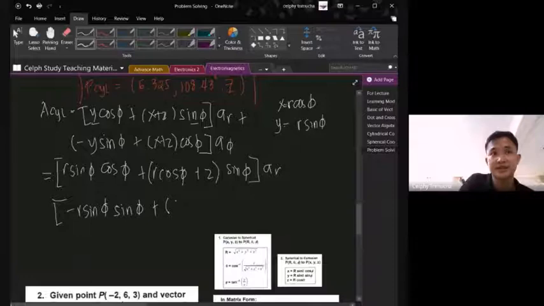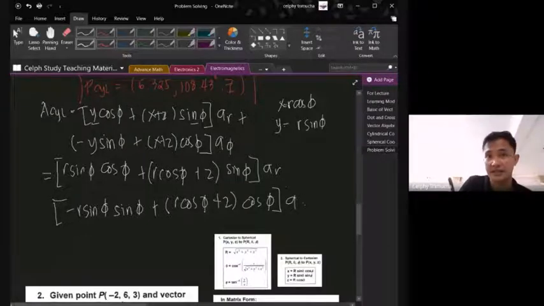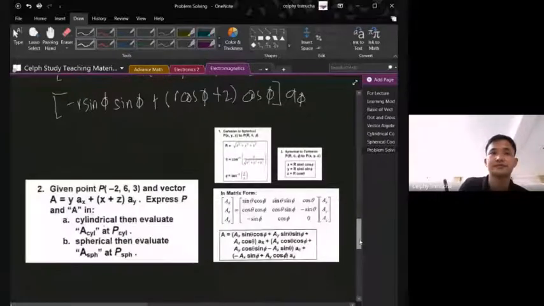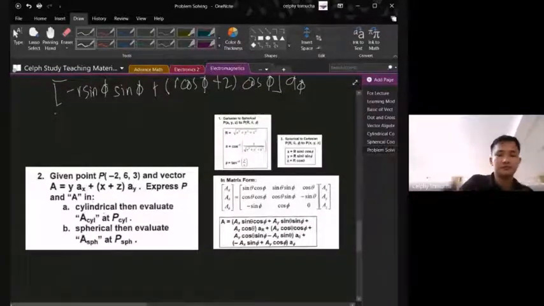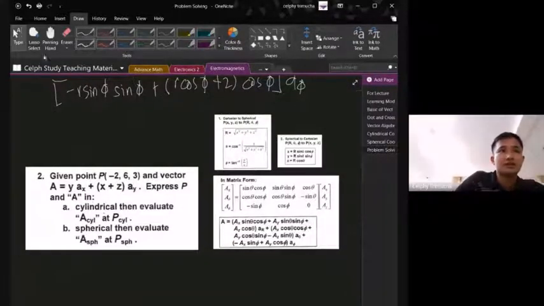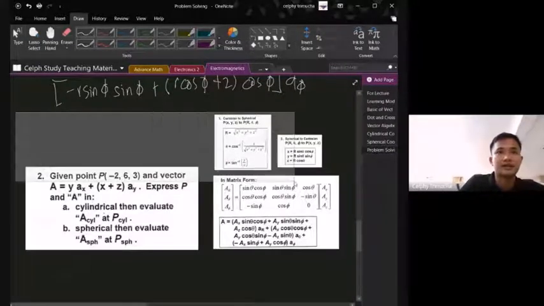So x natin is r cosine sa aton nga angle plus z. Then ang aton nga cosine sa aton nga angle. This is multiplied by sa aton unit vector A phi.